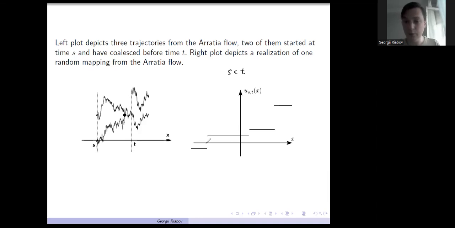So we get some random partition of the real line such that trajectories that started from the same sets of the partition coalesce and get some positions at time t.